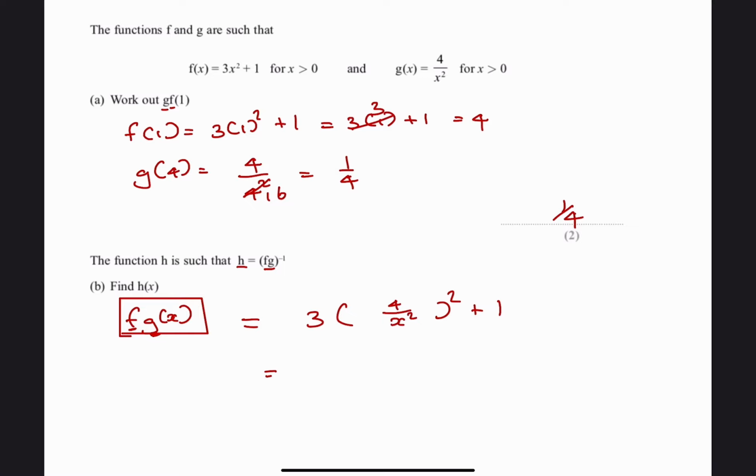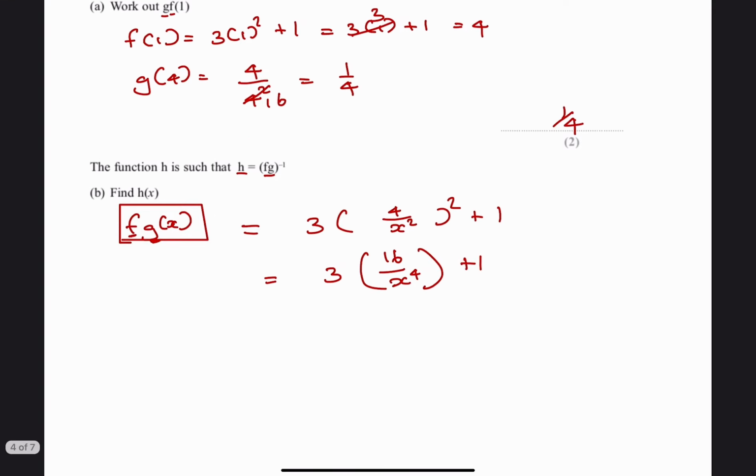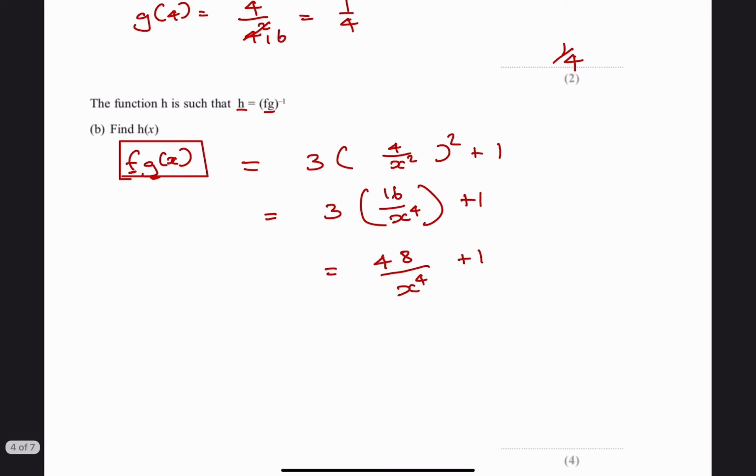If I square that, what does it give you? 4 squared is 16. x squared squared is x to the power 4, plus 1. That makes it 3 times 16 is 48 over x to the power 4, plus 1. That is my fg of x.